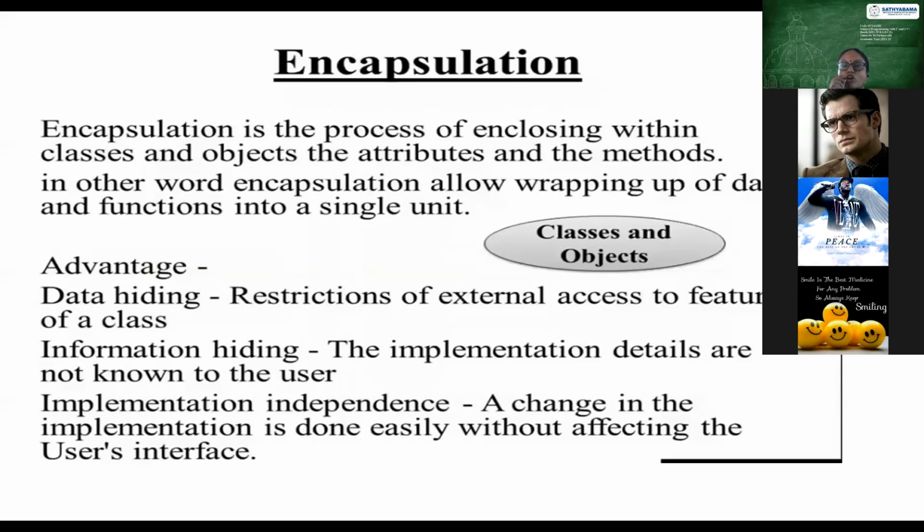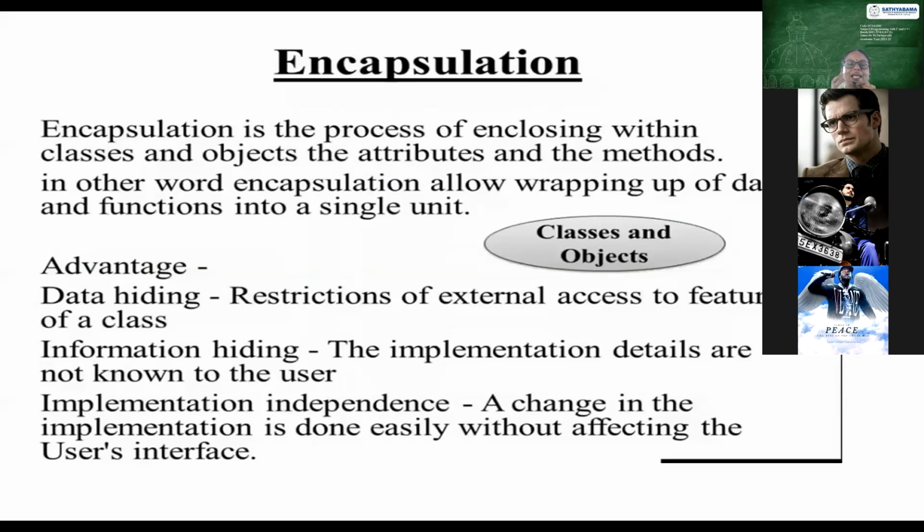If the coding is not secure, everyone can get access. So everything will be wrapped. Encapsulation means enclosing with classes and objects. We all know an object means attributes and methods. So not only hiding the data, the code and the data, everything will be wrapped and put in a single unit. That is nothing but encapsulation.